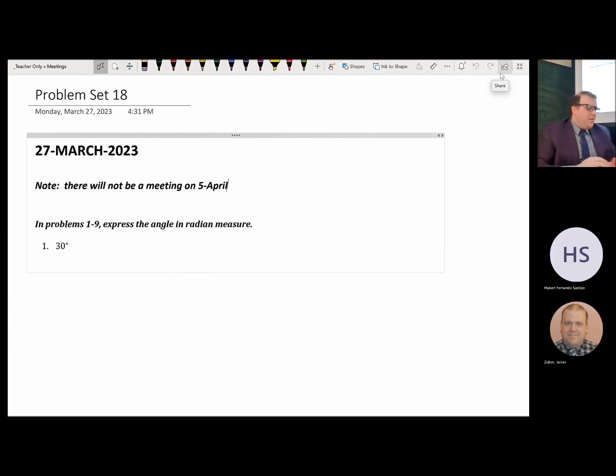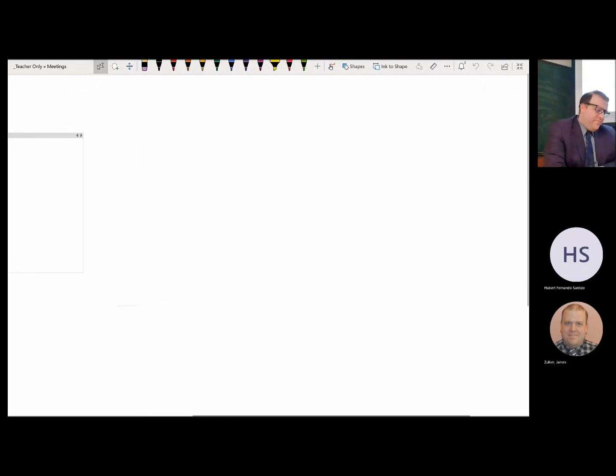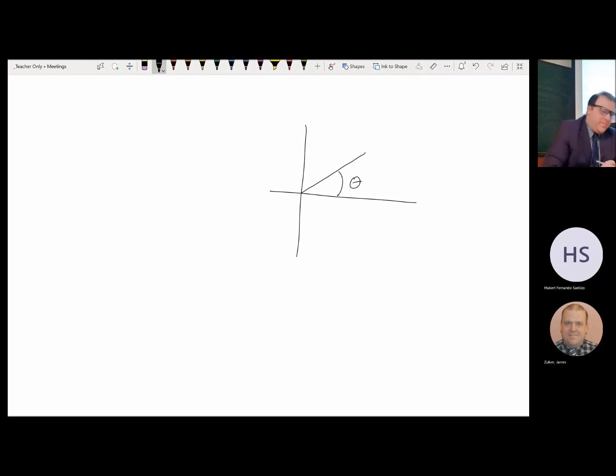Trig deals with angles. This is typically what we think of when we think of an angle. This is an angle in standard form.